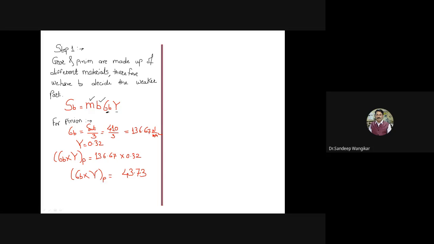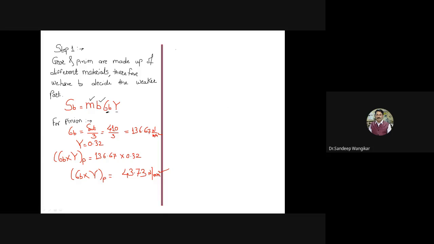No unit required. Still, if at all you want to give the unit, it is a Lewis form factor, no unit, sigma b Newton per mm square. So if you want to give unit, then you can, because there is no special name for this. It is just a product we have calculated.